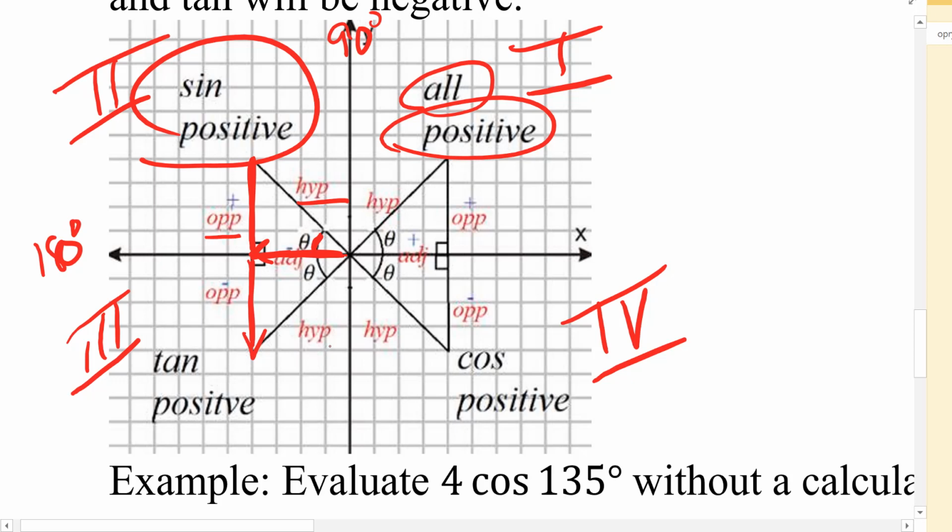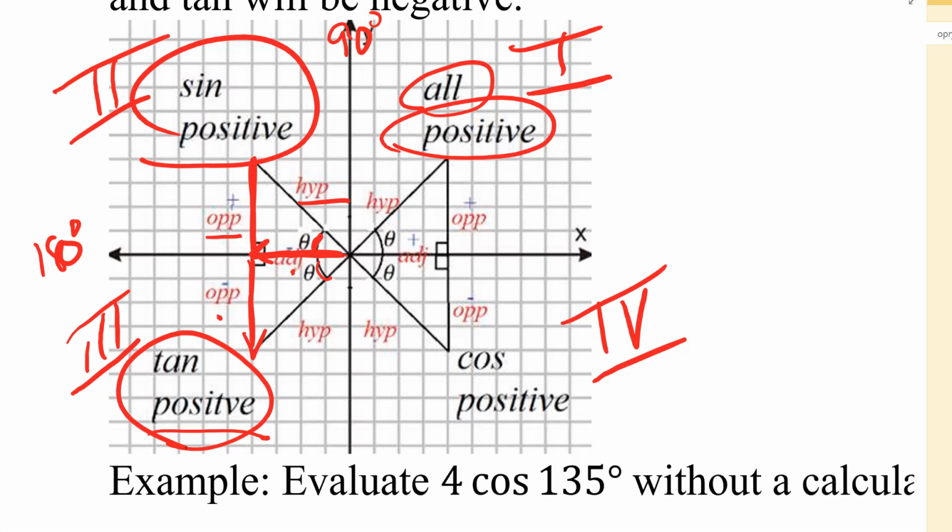So in the third quadrant, tangent ends up being positive, because tangent of theta is opposite over adjacent, negative over negative, which makes positive. Cosine is adjacent over hypotenuse, negative over positive, which is negative. Sine is opposite over hypotenuse, negative over positive, so sine is negative. The only thing that's positive in the third quadrant is tangent.